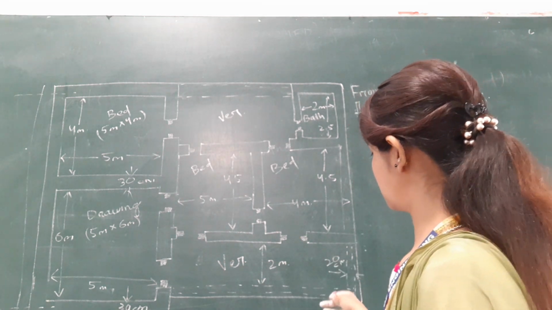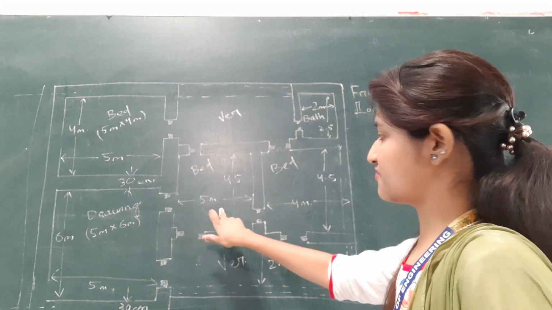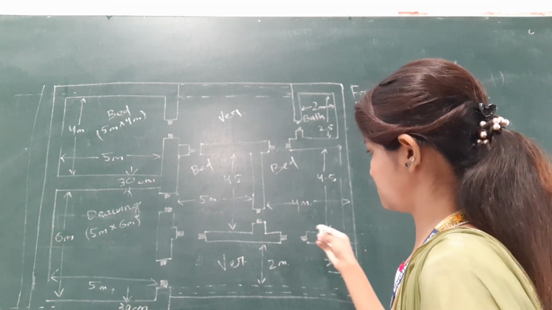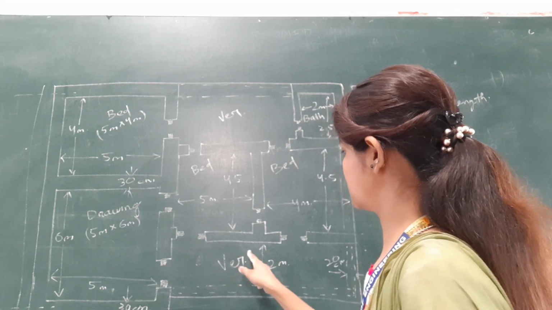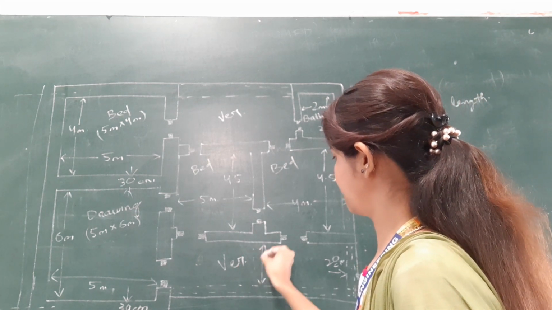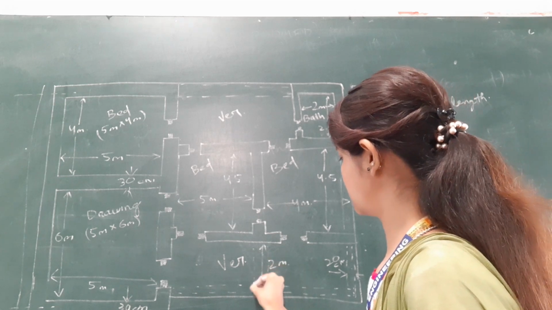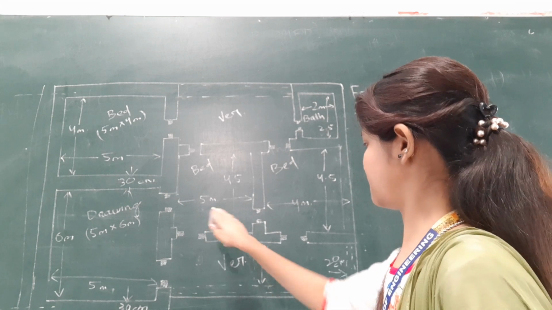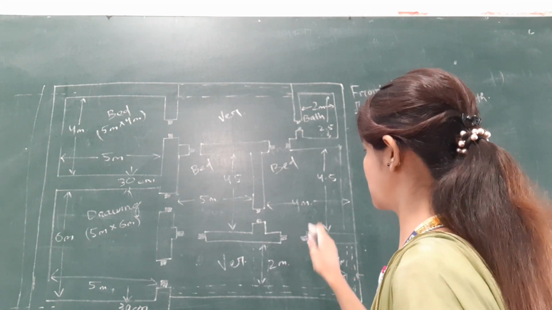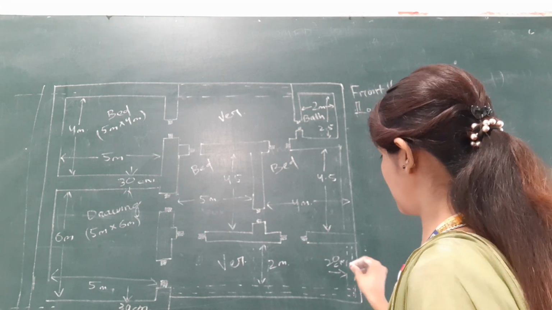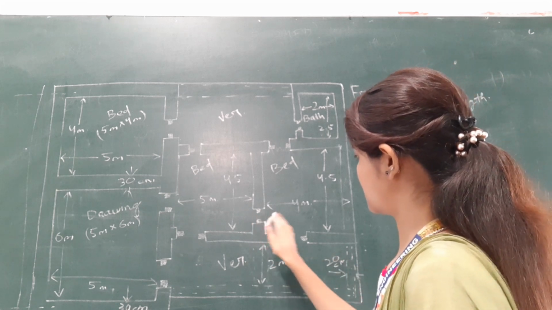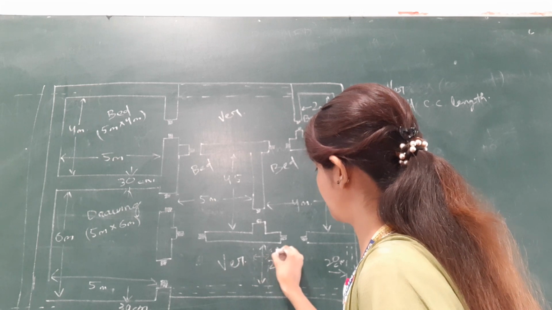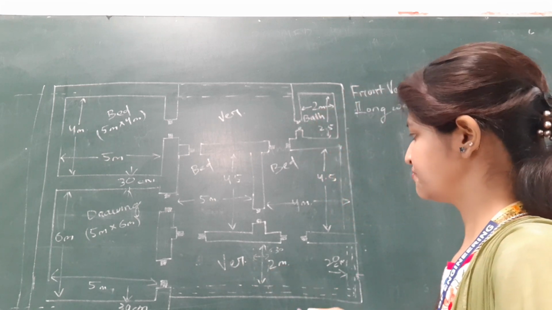So we know this is 5 meter, okay, this is 4 meter. So similarly, this portion is this to this, suppose there is a wall, okay. So this to this area is 5 meter and this to this area is 4 meter, okay. And this is a 30 cm thick wall. So this is 0.30 meter, obviously.